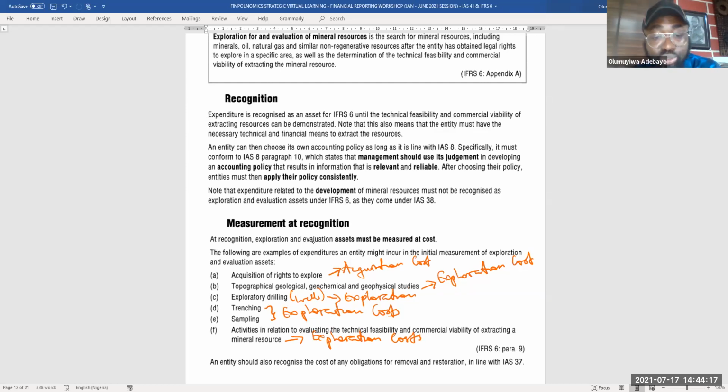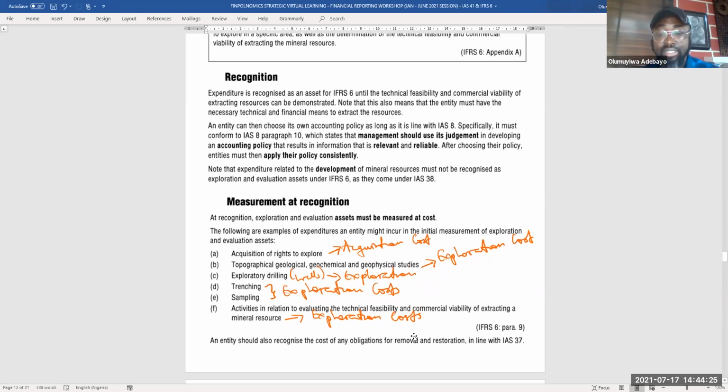Okay, an entity should also recognize the cost of any obligation for removal or restoration in line with IAS 37. By the time we discuss IAS 37, you will understand that examples of such costs are costs that you have to incur in restoring the land to its initial state.